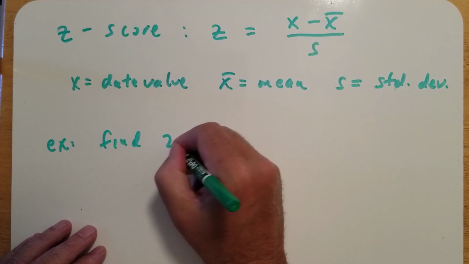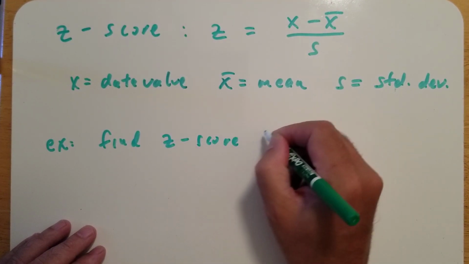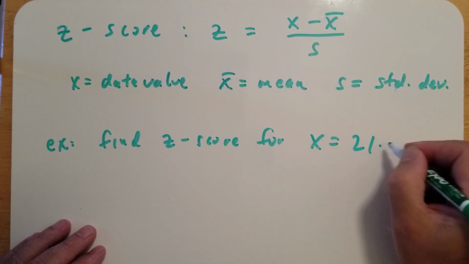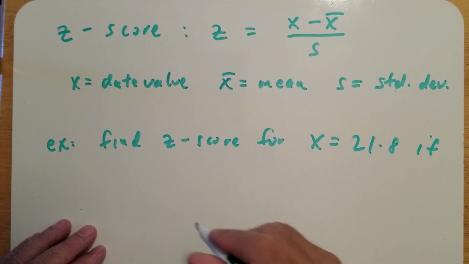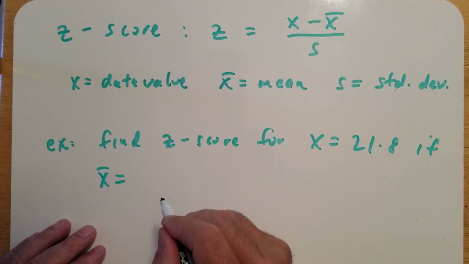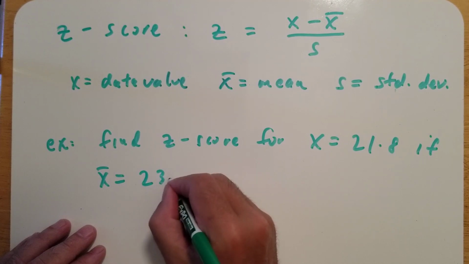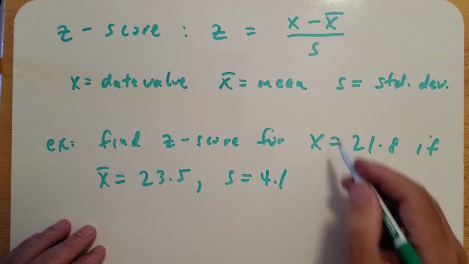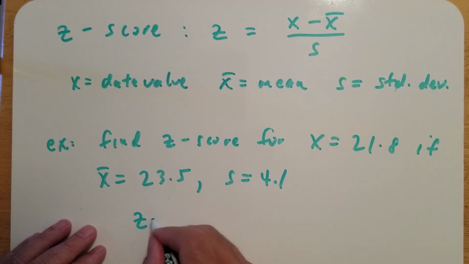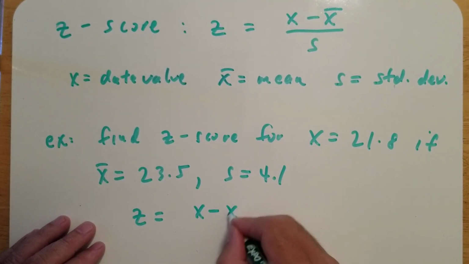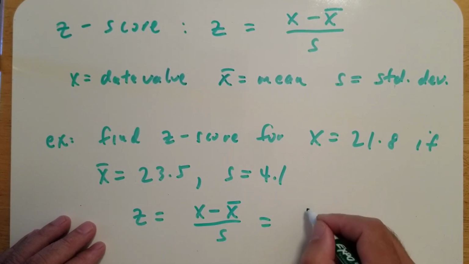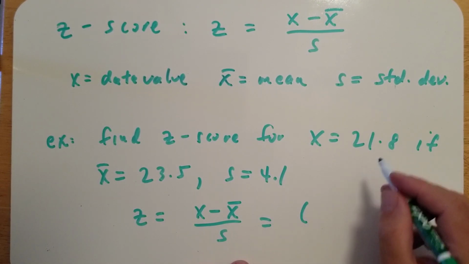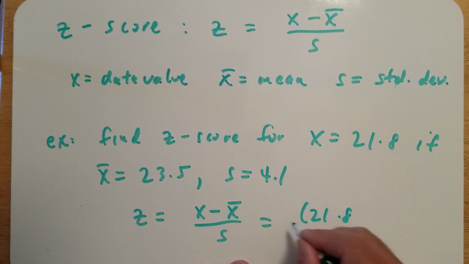So for an example, find the z-score for x equals 21.8 if x bar equals 23.5 and s equals 4.1. I'm just going to plug into that formula: z equals x minus x bar over s. I'm putting parentheses here because I'm going to do that on the calculator.